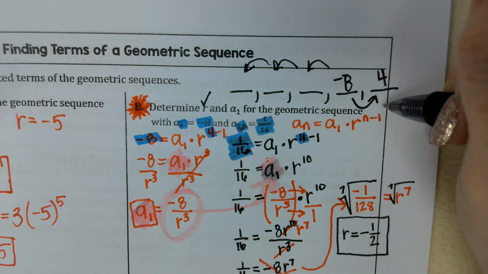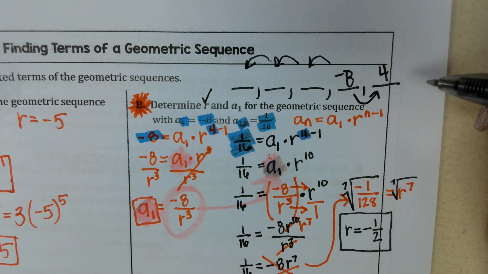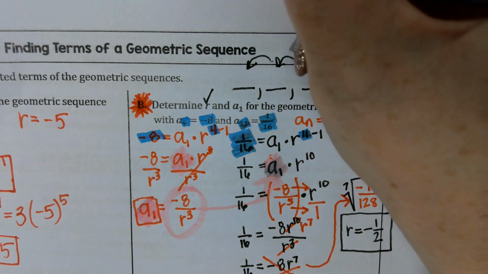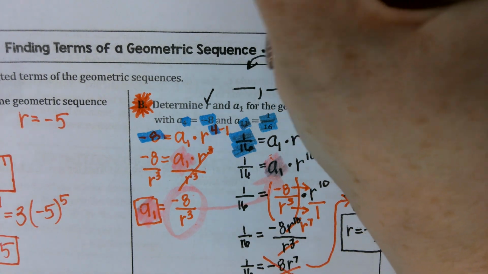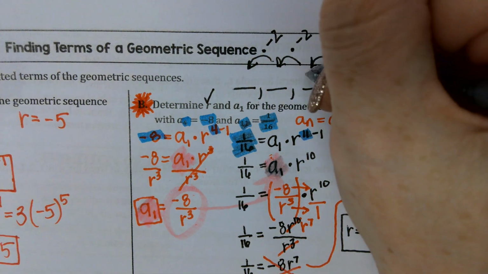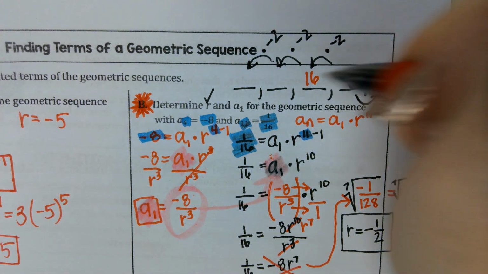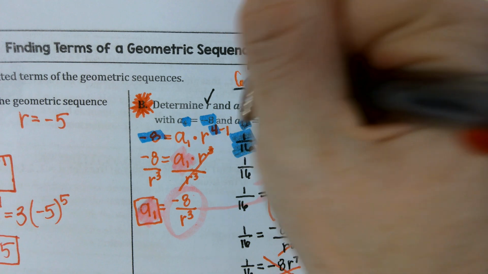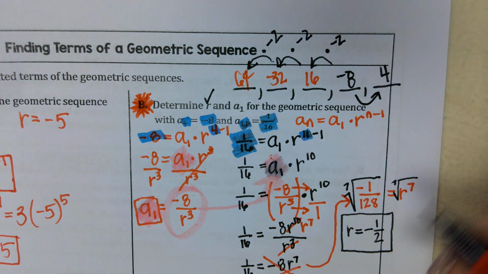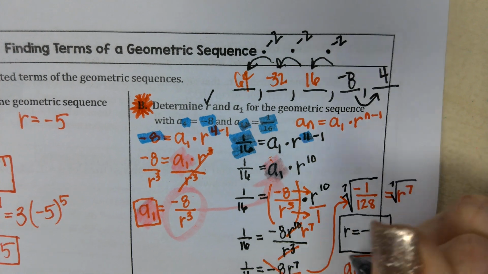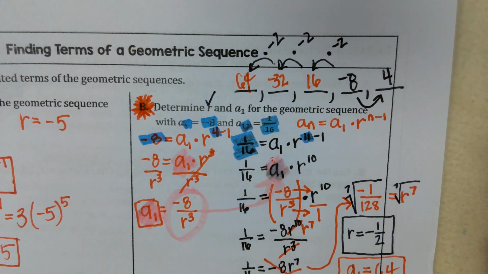So rather than dividing by 2, I'm going to multiply by -2 because they have to alternate signs. So right here, this is going to be 16, -32, and positive 64. So here my A1 is positive 64.